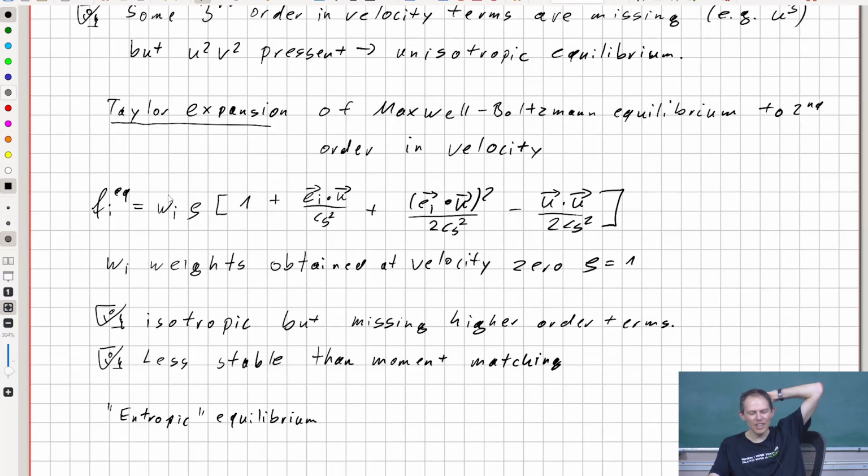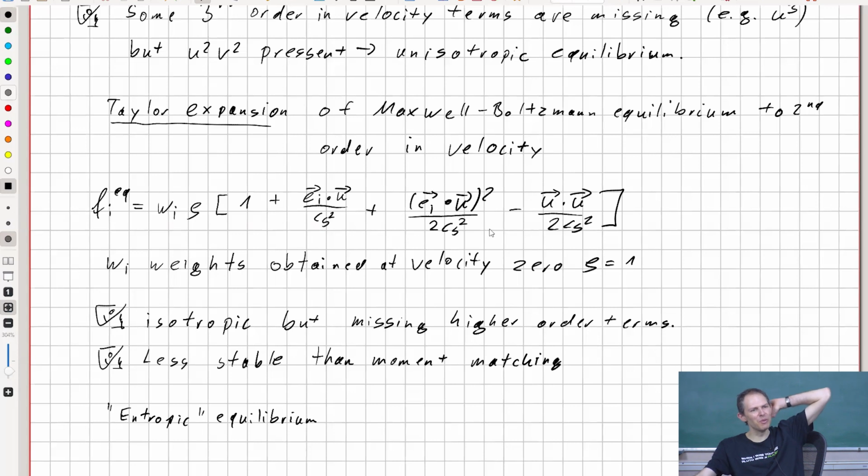You can Taylor expand this to an arbitrary order, and then drop out the terms that do not fit on your discretization, which you have to do by hand. Then you end up with the same equilibrium that you also got from moment matching. So in principle, they are compatible.